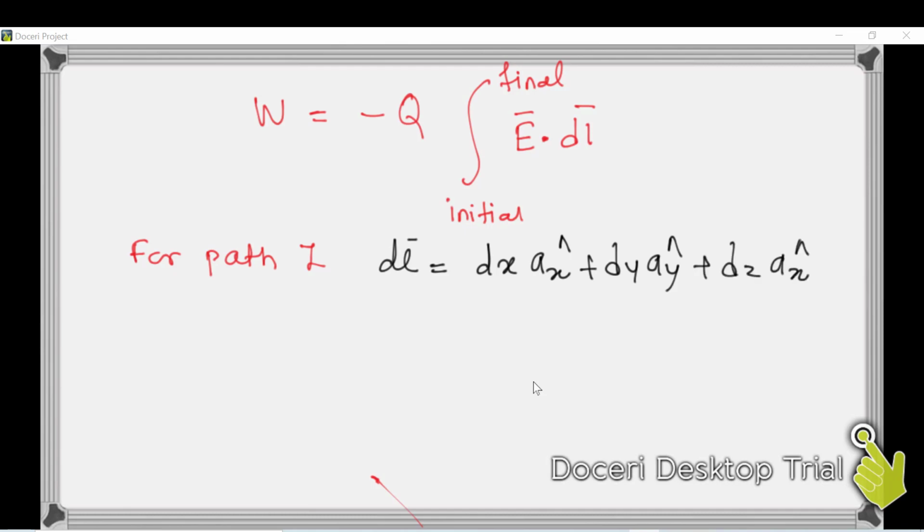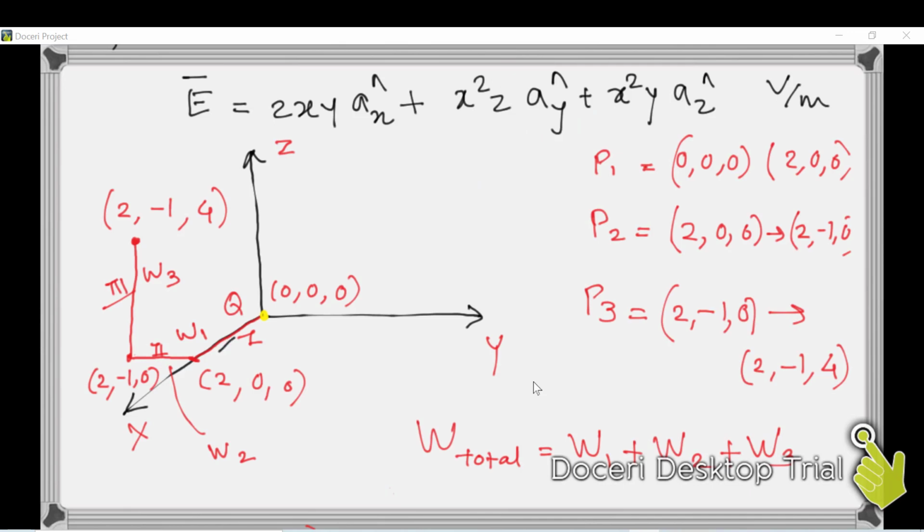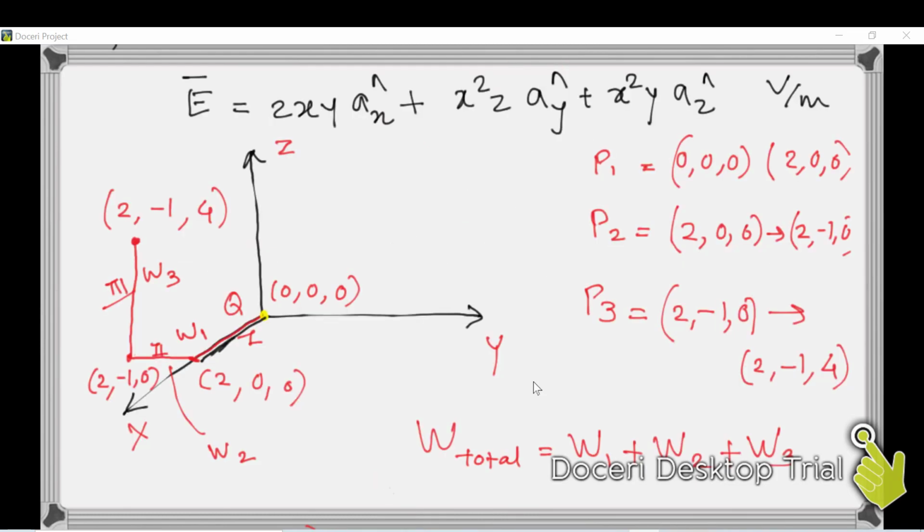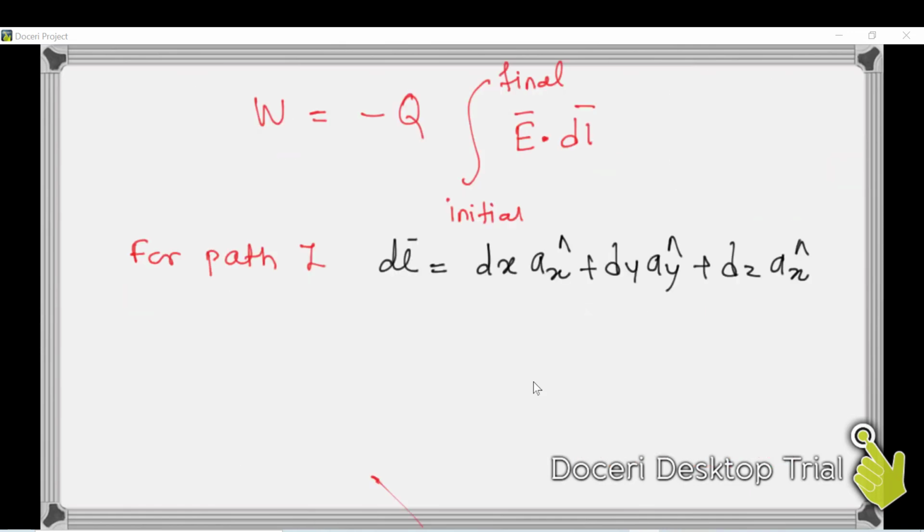But for the first path there is only change in x. So dx will exist. There is no change in y and no change in z for this path, so we'll neglect these two terms. Our dl bar is equal to dx ax cap only.